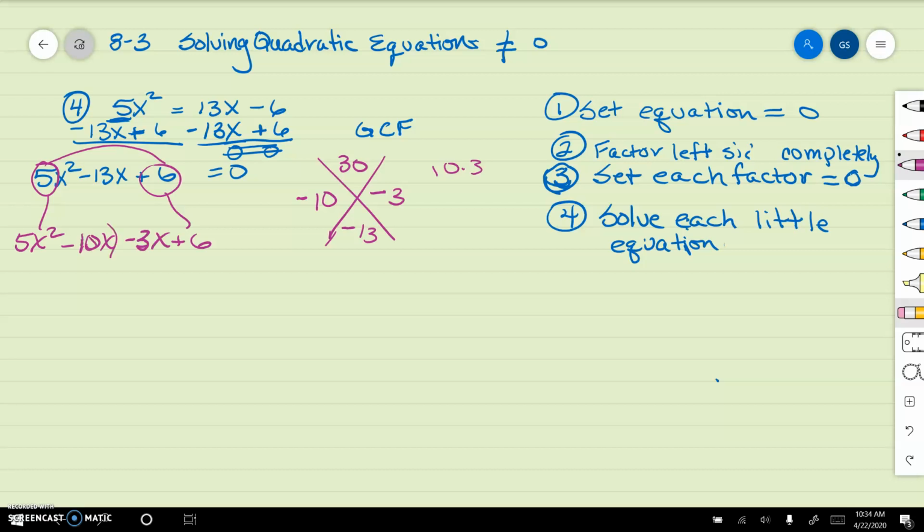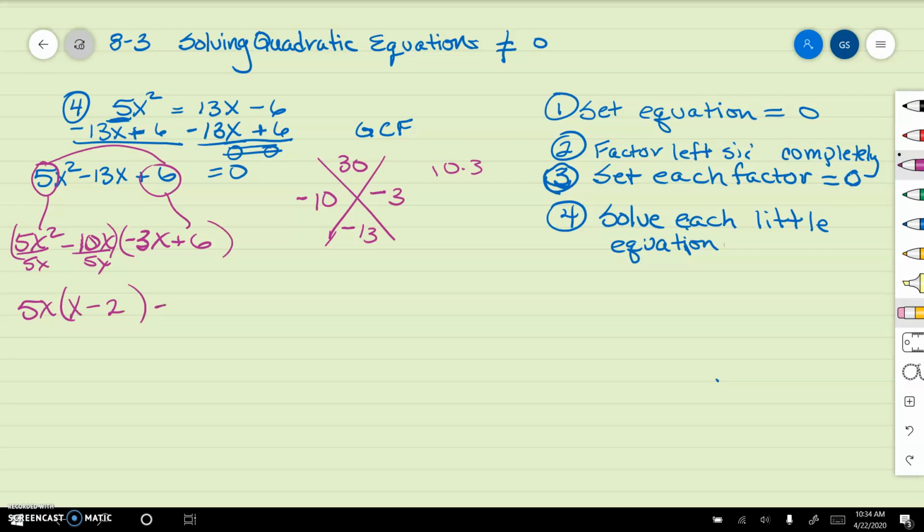Then we do factoring completely. So we group the two terms and two terms. We GCF the first one, so that's a 5x that's going to come out of there. Everybody see that? If I divide by 5x everywhere, what I'm left with is an x minus 2.